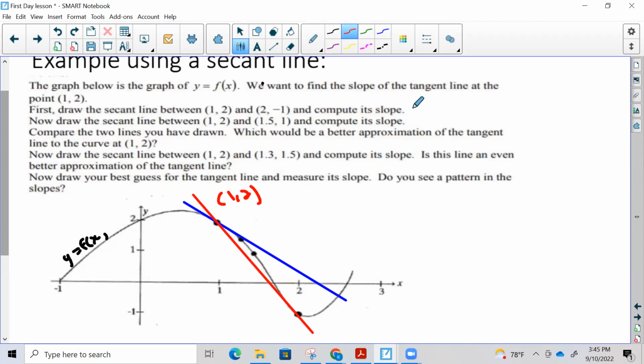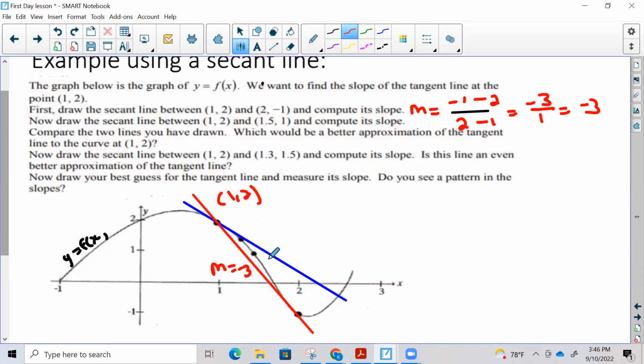When we find the slope, we use the slope equation. So I'm going to do y2, which is -1, minus y1, which is 2, and then divide by x2, which is 2, minus 1. That gives me -3/1, which is -3. So the slope of this red line is -3.